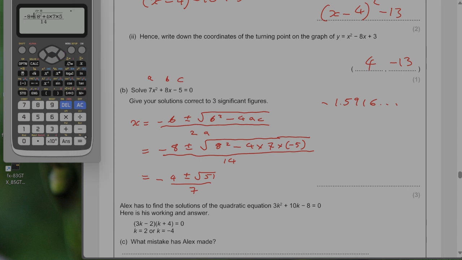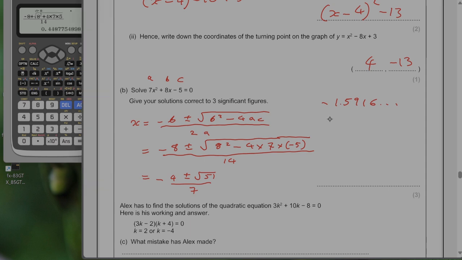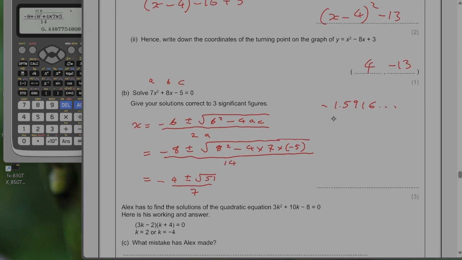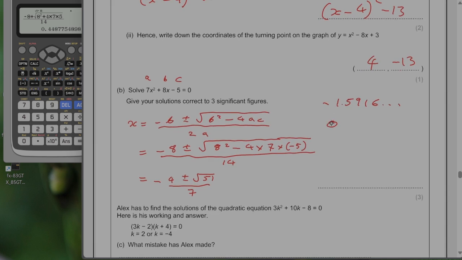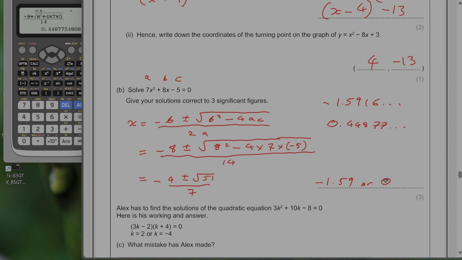So my positive version is 0.4487 dot dot dot. So I'm going to go to three significant figures, minus 1.59 or 0.449.